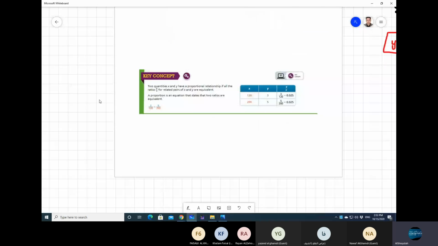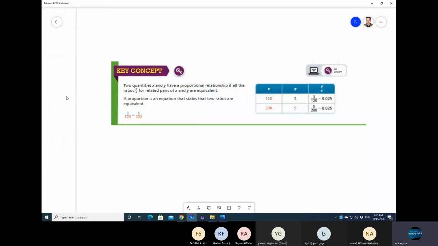The key concept: two quantities, as we learned, two quantities x and y have a proportional relationship if all the ratios y over x for related pairs of x and y are equal. Here, let's say that we have this table: x is equal to 120 and y is equal to 3. When x equals 200, y equals 5. If you find the ratios y over x, here we have 3 divided by 120, and here we have 5 divided by 200.